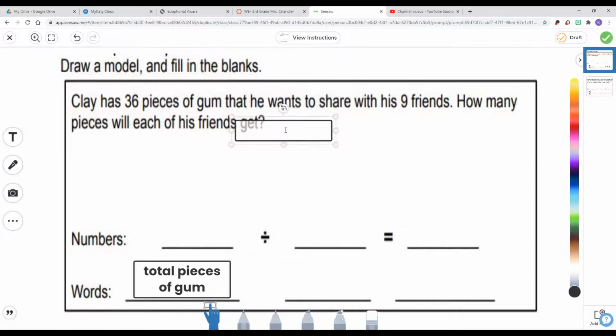Because then my number is going to be, hold on, it is not letting me. So my number is going to be 36 pieces of gum, because that's what he has total. So I'm going to write the number 36.